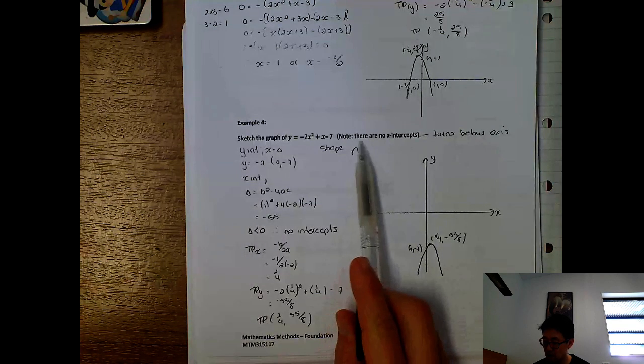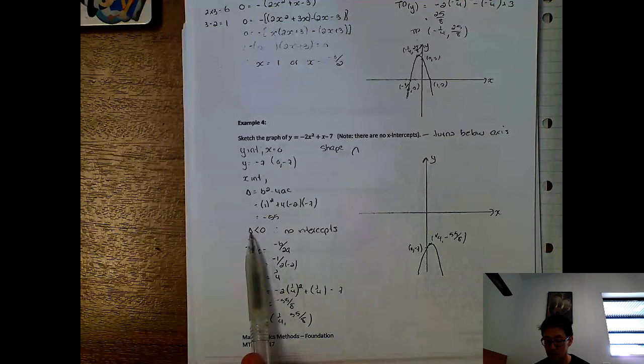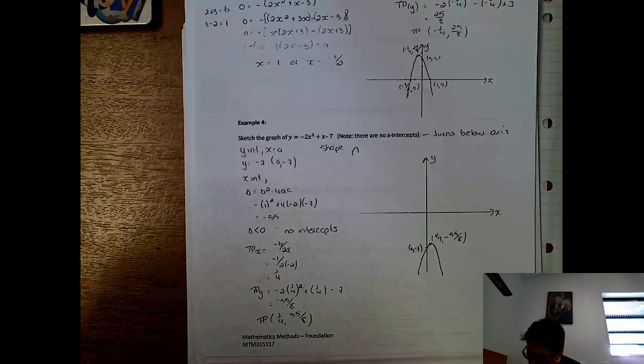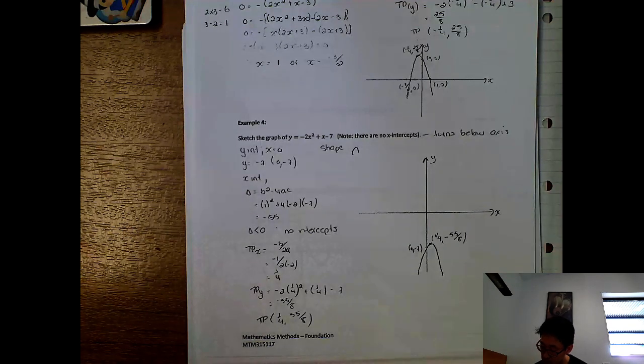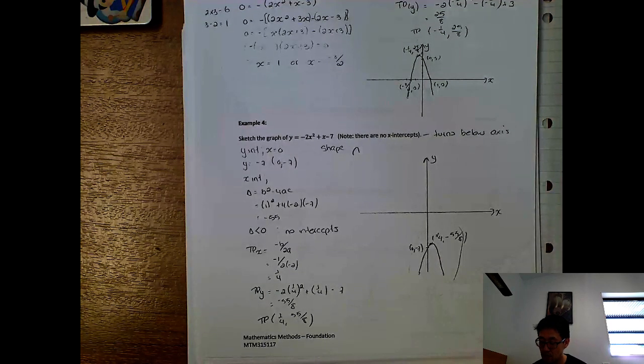They said there is no x-intercept, which means the discriminant is smaller than 0. And that's all they did. Do I need to explain it? No, it should be fine.